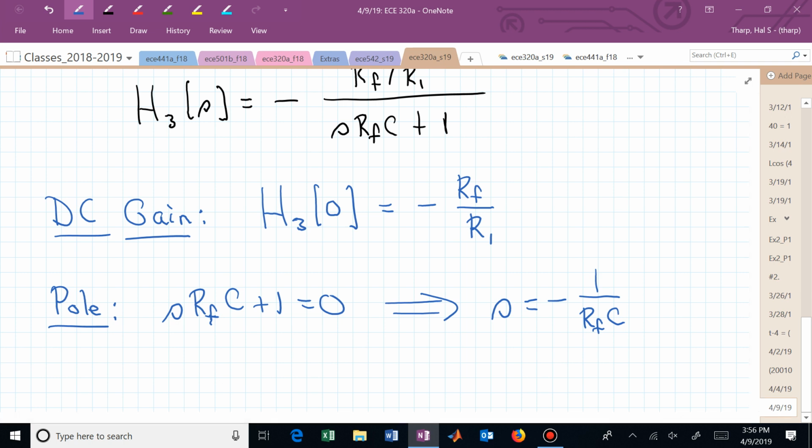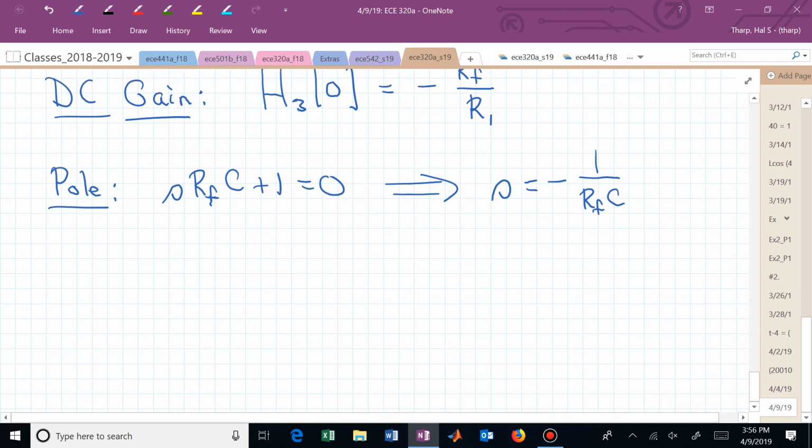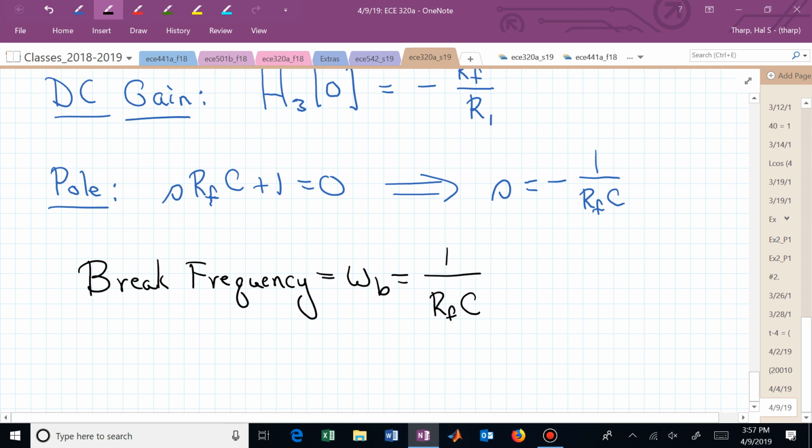In terms of a Bode plot or a frequency response, that pole tells us where we're going to start going down or rolling off that low-pass filter. Our break frequency, let's say that we'll just call that omega sub b, is 1 over R sub f C. That's where our pole is located.